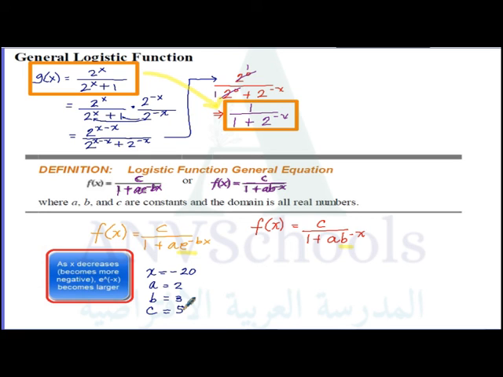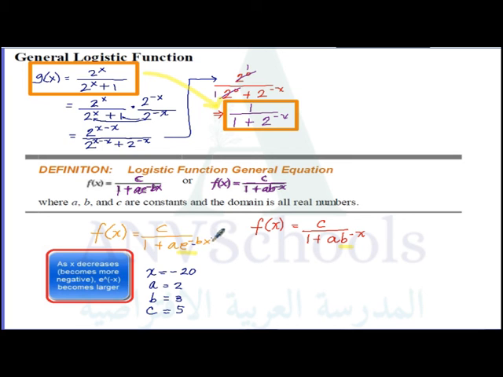So notice that as my x becomes more negative, my answer here would be 2 point something. My e raised to negative bx becomes larger because look at this, it is negative, right?